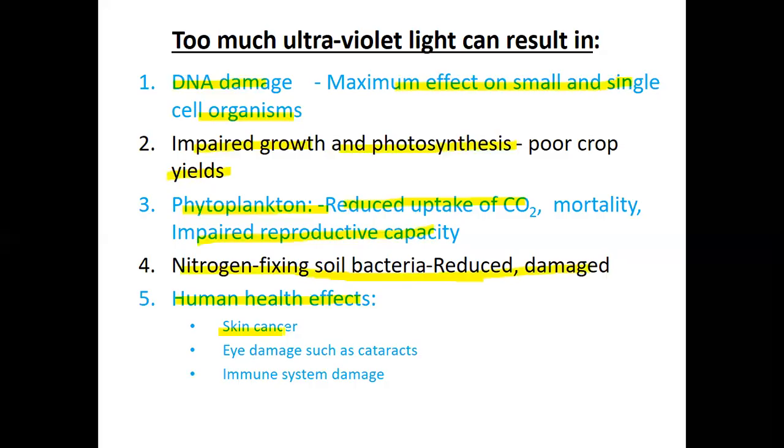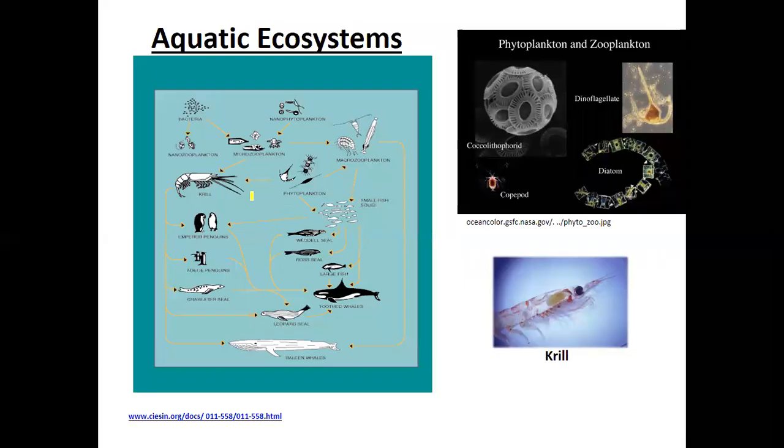So this is just to remind you what happens when those phytoplankton are destroyed. So this is the food web. When the primary producers, these planktons, are destroyed due to the UVB rays, then the whole food chain that depends on the primary producer is affected.